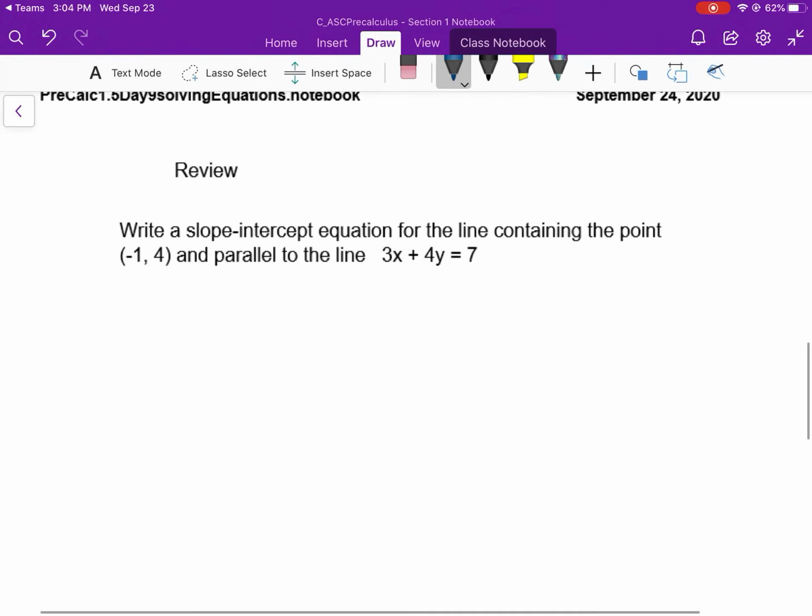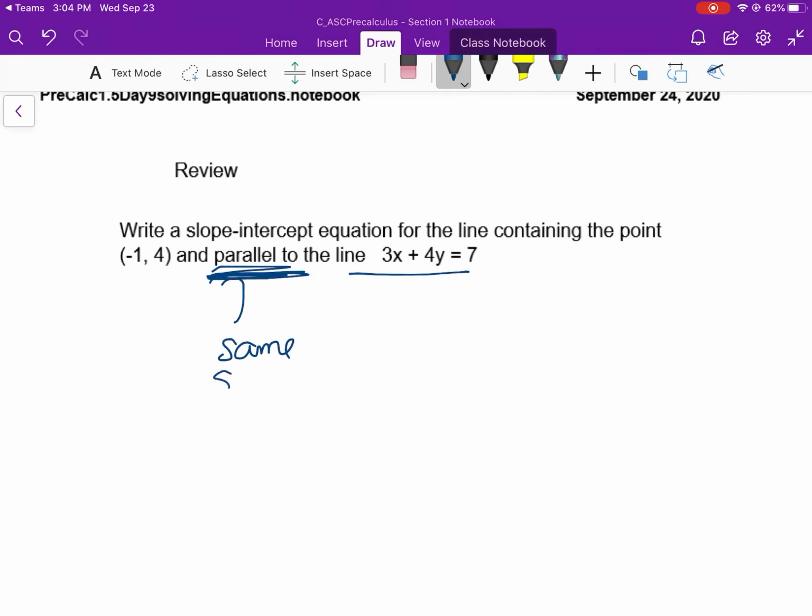Now do you remember how to do this? This is what some of your homework was that was due today. Except it has to be parallel to this line. What do we know about parallel lines? You're like, oh yeah, they have the same slope. So I need to find the slope of this line and then use that. The easiest way for me to find the slope of this line is to solve for y.